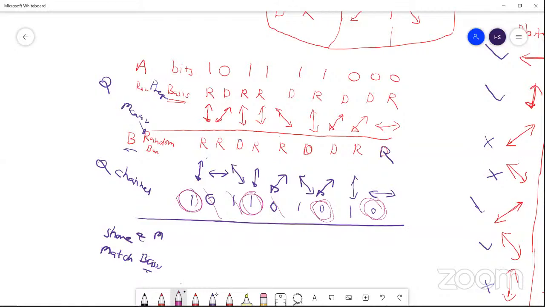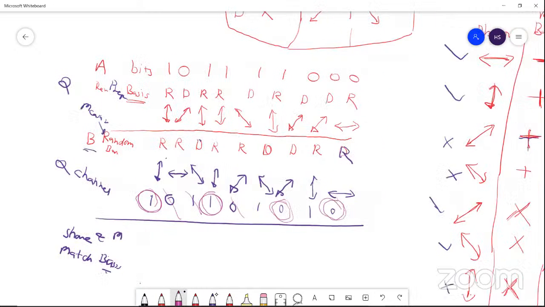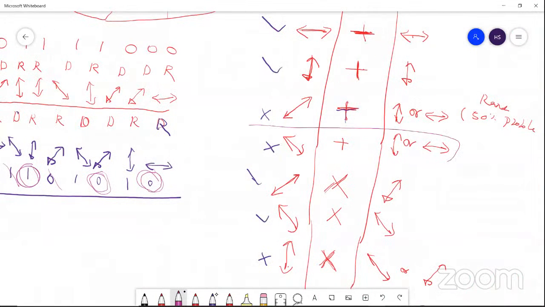If bases are not matching, in these cases, they can get either of the two outcomes. This can represent 1 and this can represent 0. So it was originally 1, and this minus 45 will represent 1. So if you measure in the wrong basis, then you can get either 1 or 0.